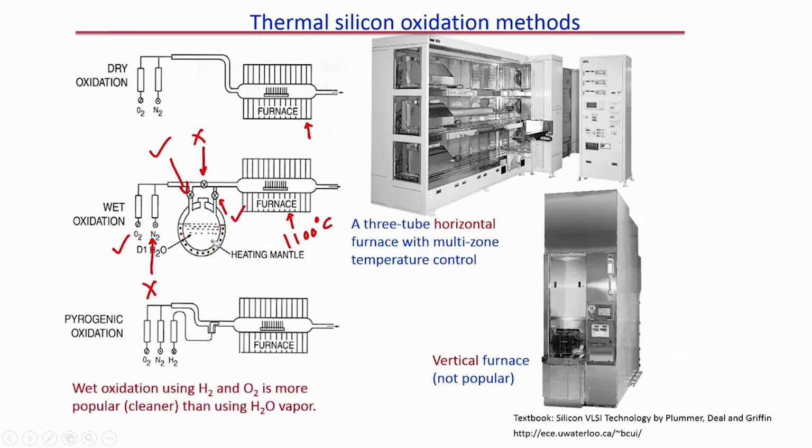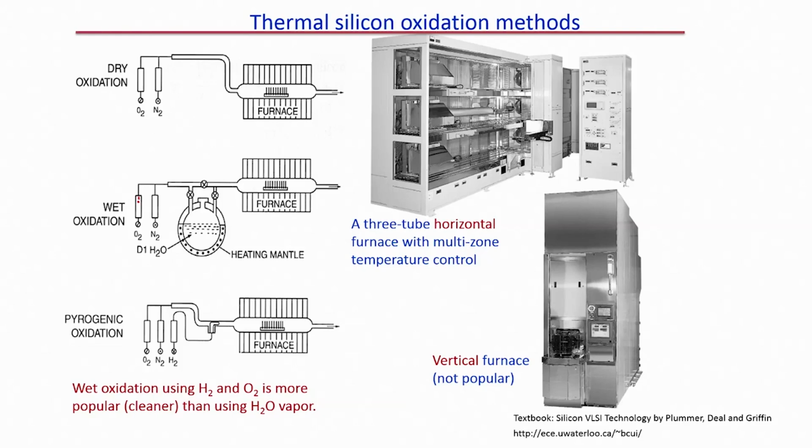So, what will happen? Now, the oxygen will flow through this to the bubbler, it will take the vapor out, the vapor will go up and reach the chamber to form the oxide. Got it? Right. So, here we are using vapor, which is H2O gas, to create oxide, and this is your wet oxidation.